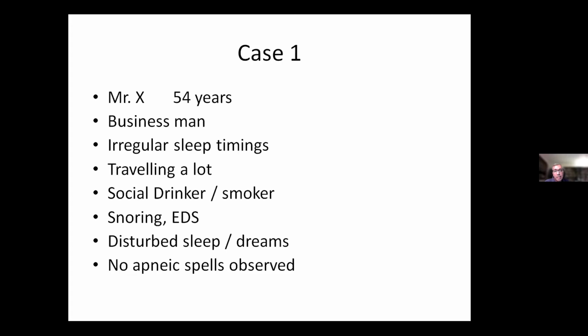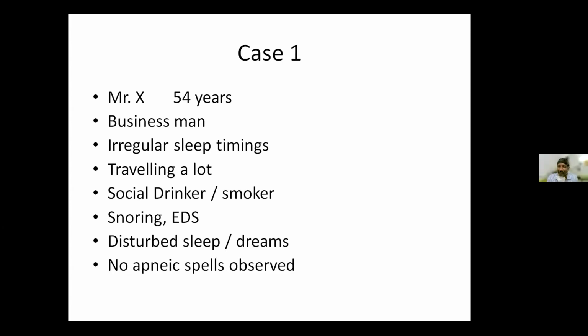Having said that, the last point you mentioned, no apneic spells observed, is a very important point against sleep apnea, because witnessed apneas are probably the most important history given by the sleeping partner. That seems not to have been observed, which of course doesn't rule out the possibility of sleep apnea, but that was important, I thought.